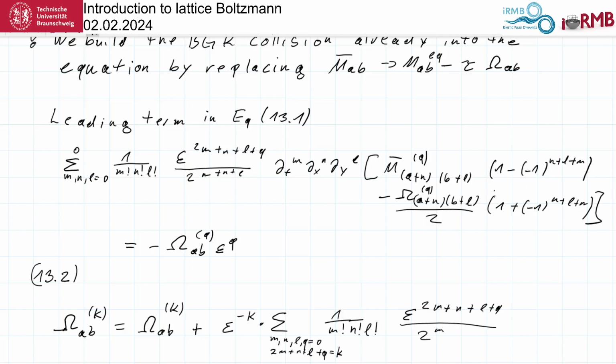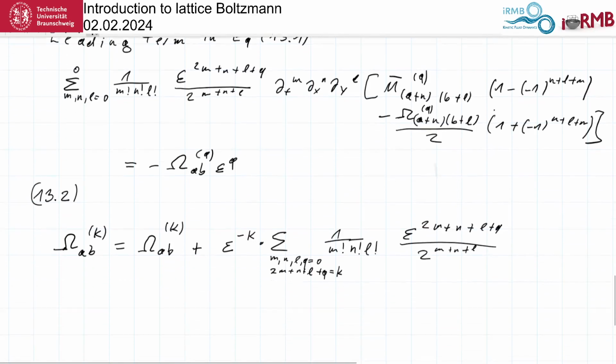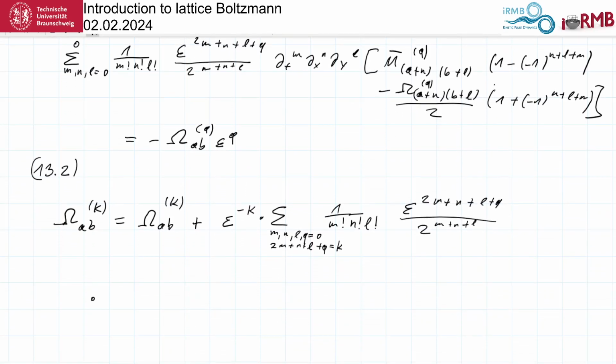Divided by 2 to the m plus n plus l. And now comes the derivative, dt^m dx^n dy^l. This is supposed to be an L. And here comes m. All right, so sorry that I wanted to do this previously, but I've not written it in the last equation.